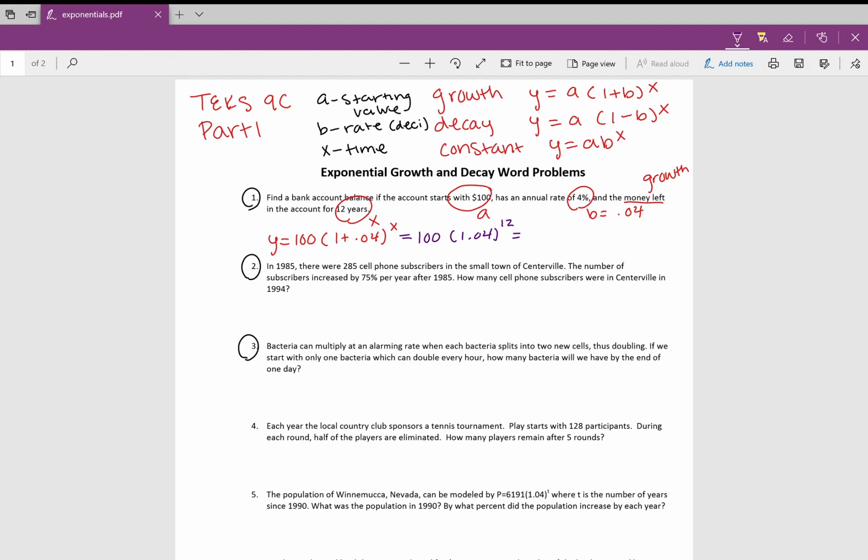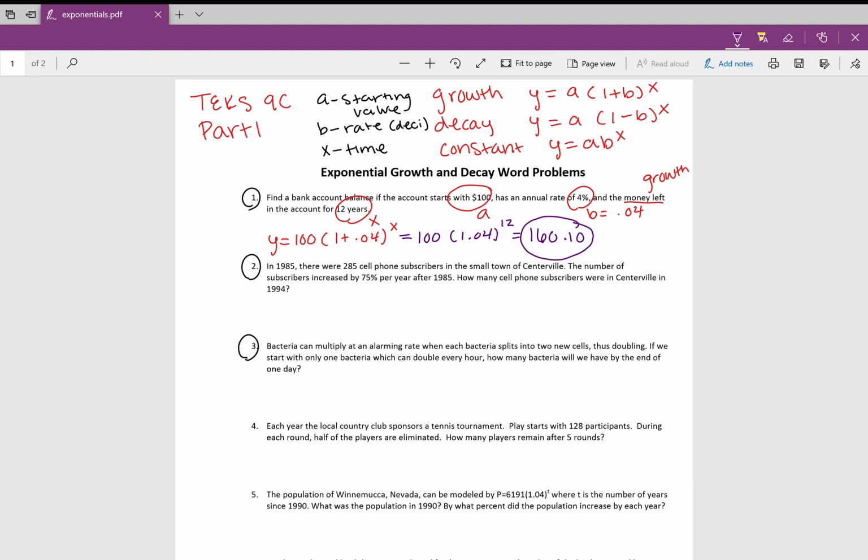So 1.04 to the 12th power times 100. Since this is money, I'm going to round to 2 decimal places, which gives 160.10.